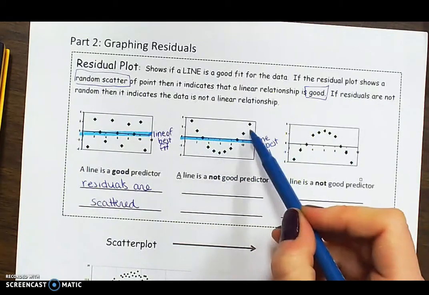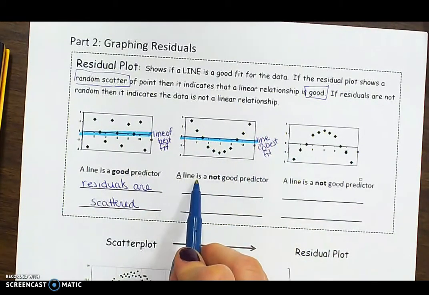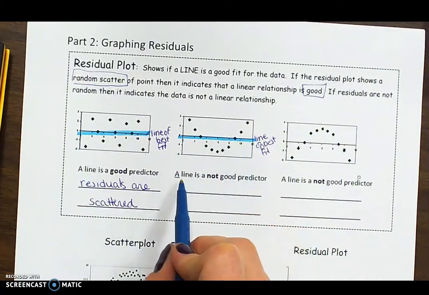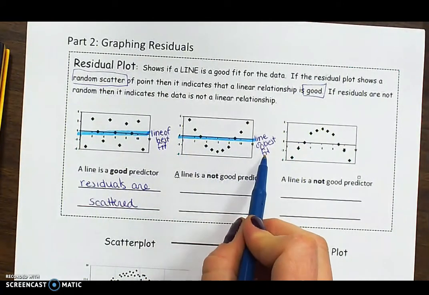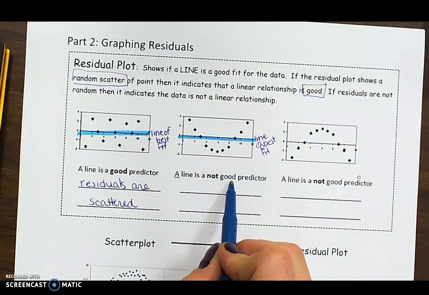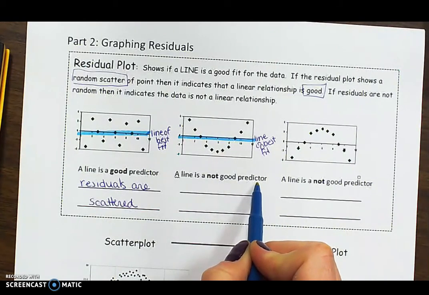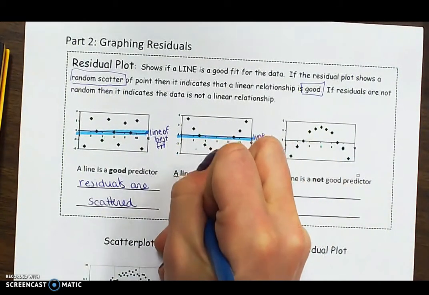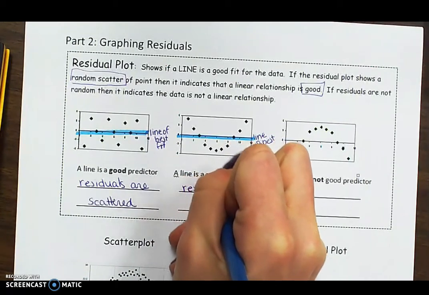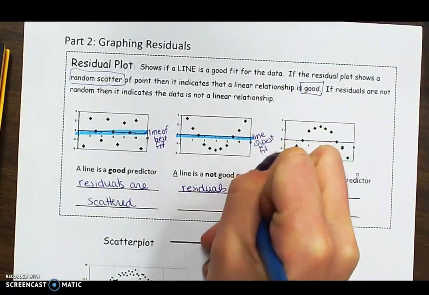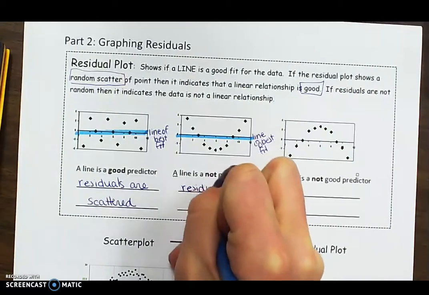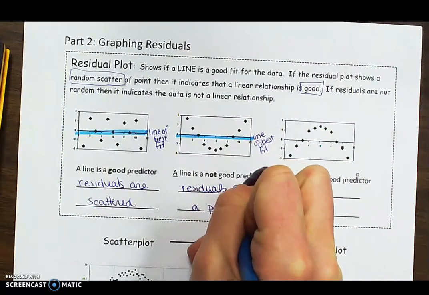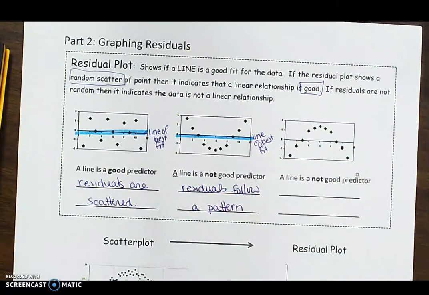No, they're following a pattern. So this line of best fit is not a good predictor for the data, because the residuals follow a pattern. They're not scattered. That means a line is not good.